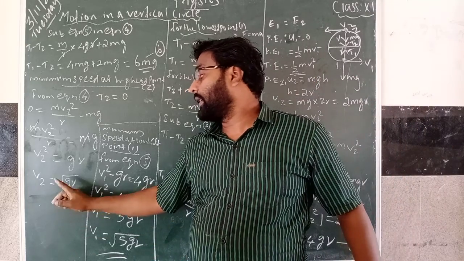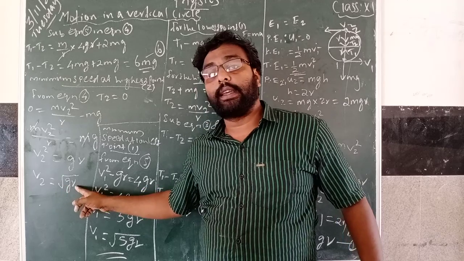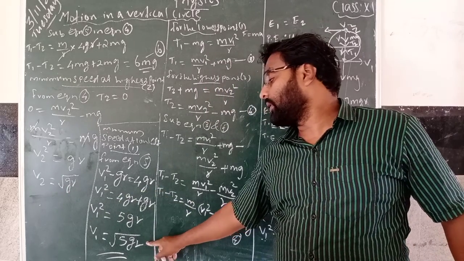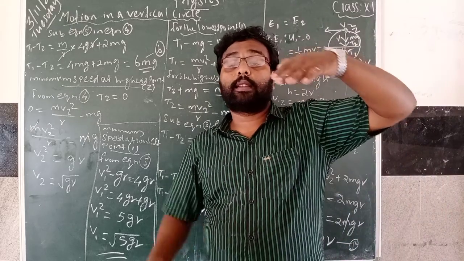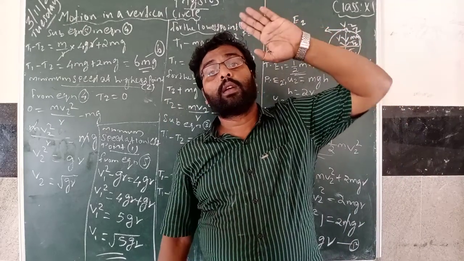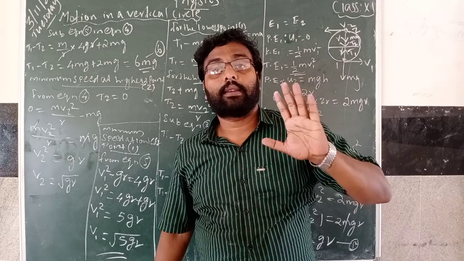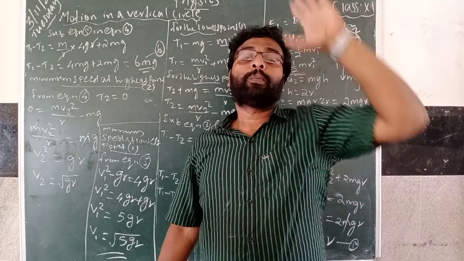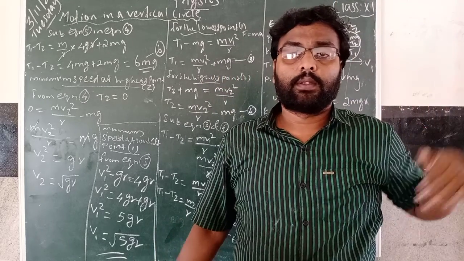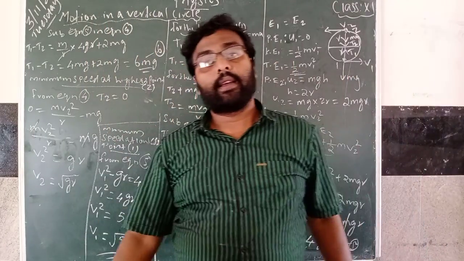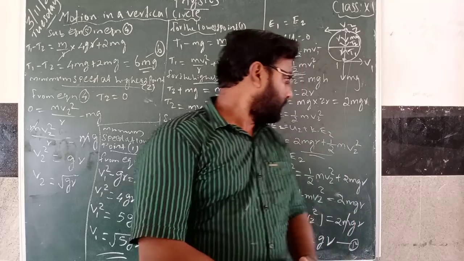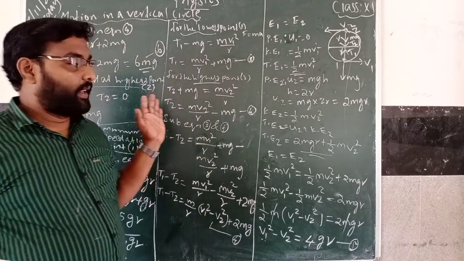The velocity at the position 2 is root gr. Velocity at the position 1 is root 5gr. So velocity at the lowest point is root 5 times greater than the velocity at the highest point. So this is how we can find the motion in a vertical circle. So this is the derivation.